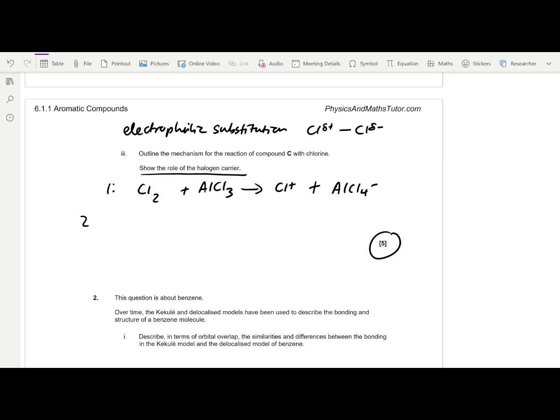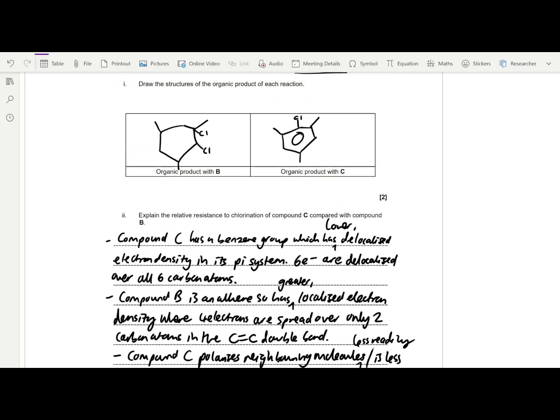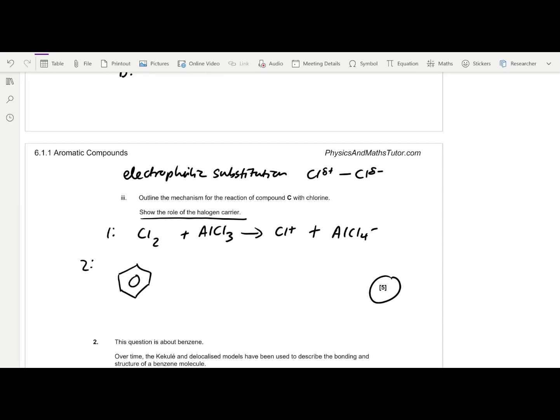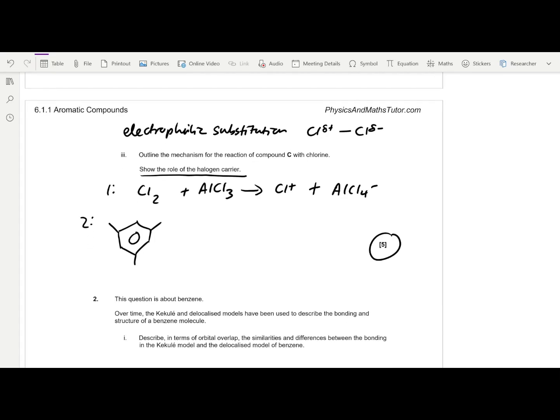Step 2 is the actual reaction of our electrophile with the benzene, and make sure you check your structures carefully, so we've got our 3 methyl groups, and we need our electrophile. Then our electrons are going to come out of the pi system.